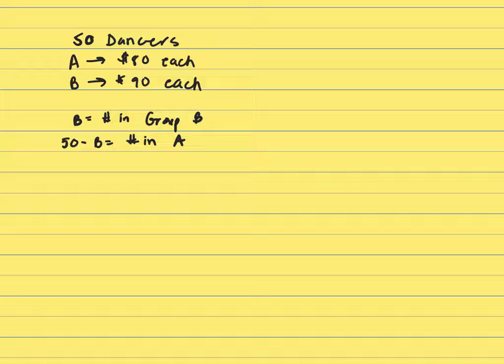So I know if I take $80 and multiply that by the number of people in Group A, which is 50 minus B, that's how much was spent on the Group A. And if I take 90 and multiply it by however many people I have in Group B, that's going to represent the amount of money that's spent on Group B. But we know there was a total amount spent of $42.70.